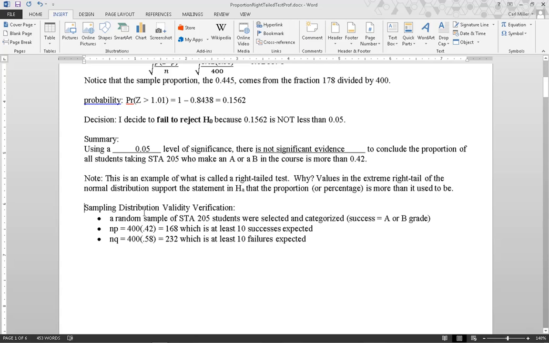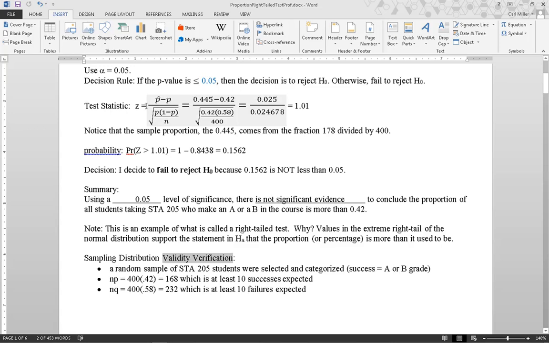Now, as far as the validity check, basically we're going back and asking, does this z-score really produce a standard normal random variable? We look for a random sample of categorical data. So we take a random sample of students that were selected and they were categorized, right? A success or having the characteristic meant they made an A or a B in the course.